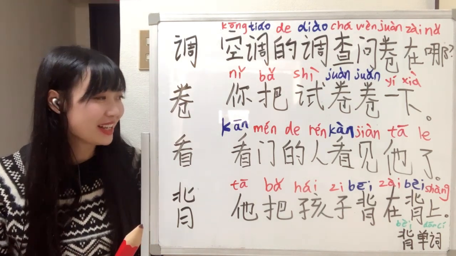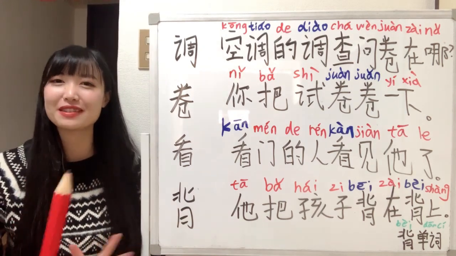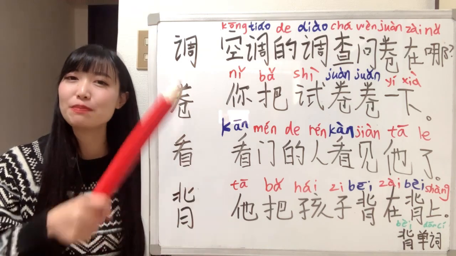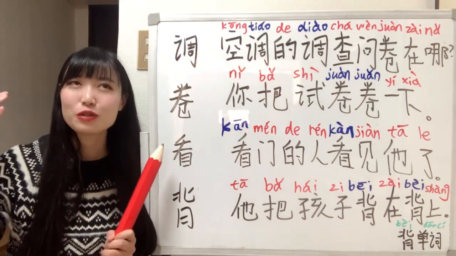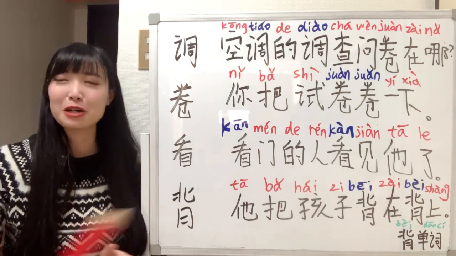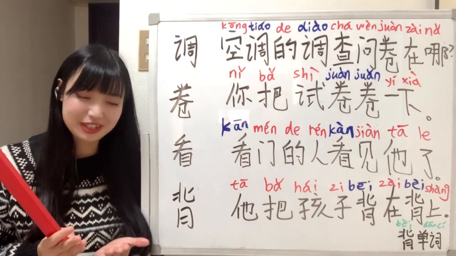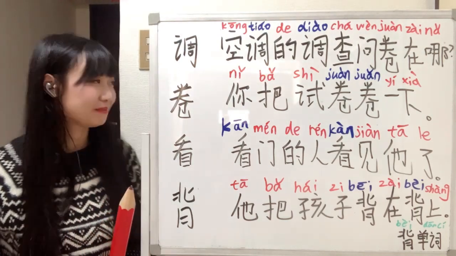The meanings and pronunciations are kind of difficult, but don't worry. Just repeat, and then you can remember automatically. That's how I learned all the grammar and vocabulary. I just keep reading. Okay, let's read together one more time.